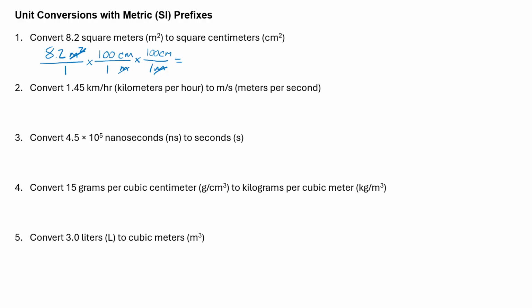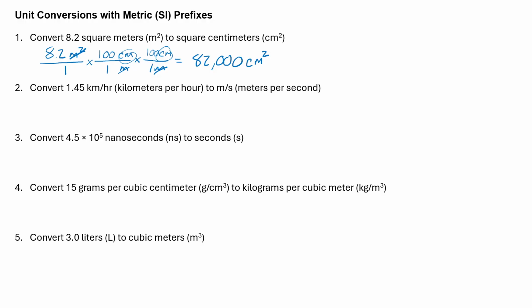Now, 8.2 times 100 times 100 is going to give me 82,000. And I wasn't worried about scientific notation or sig figs in this part. And that now is centimeters squared because I've got centimeters and centimeters gives me centimeters squared.